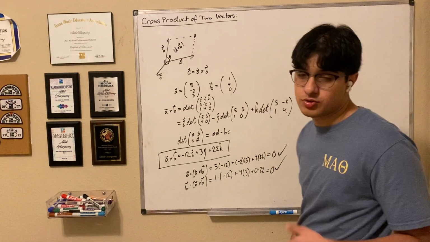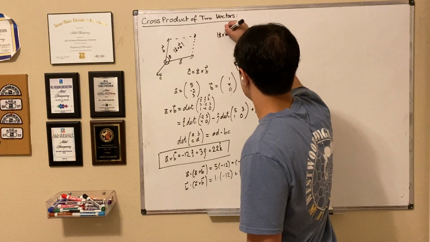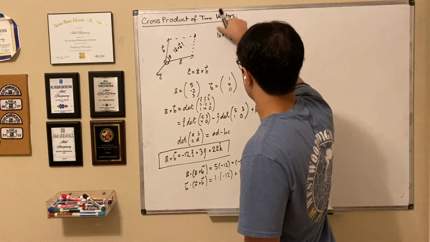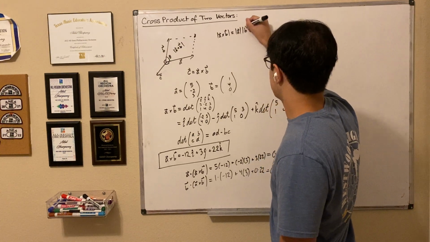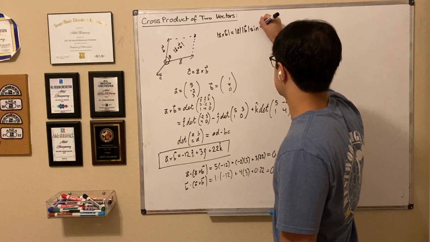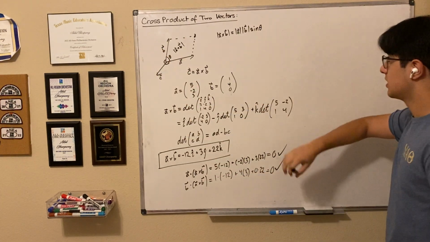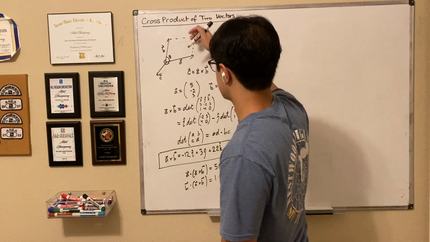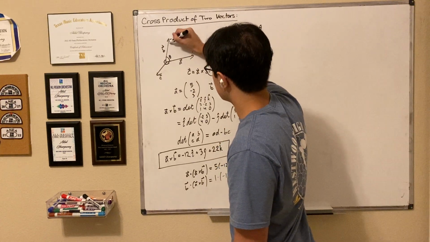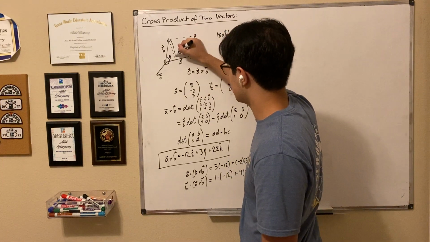And this can also be shown because another way to compute the magnitude of A cross B is the magnitude of A times the magnitude of B times the sine of theta, which is the angle between A and B. So if we take a look at this parallelogram again, we can see that B sine theta is this height right here.